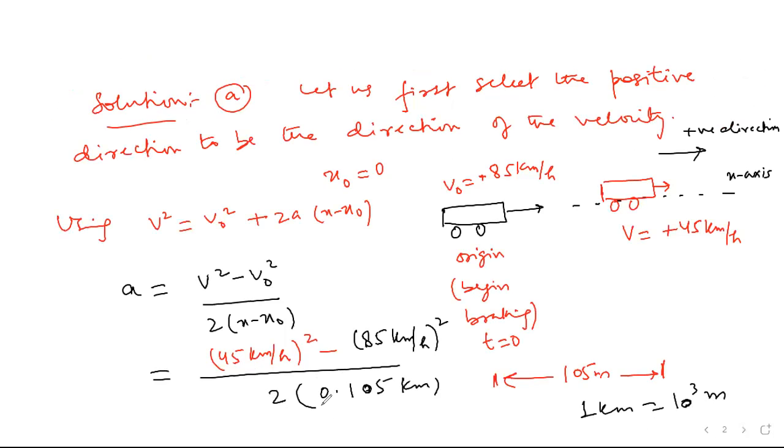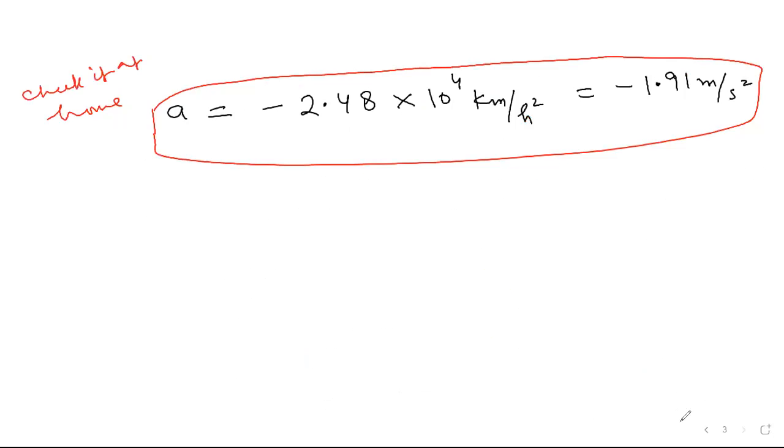When you solve them, you will get your acceleration in kilometer per hour square, the value minus 2.48 into 10 raised to 4, and when you convert it into meter per second square, you get minus 1.91 meter per second square. First you have to check whether you get this number, then whether it converts into meter per second square and gives this number, right?